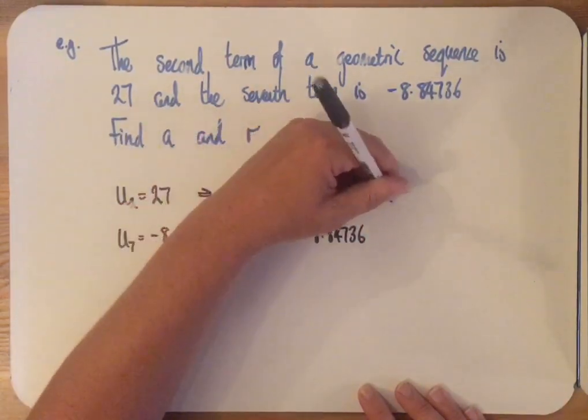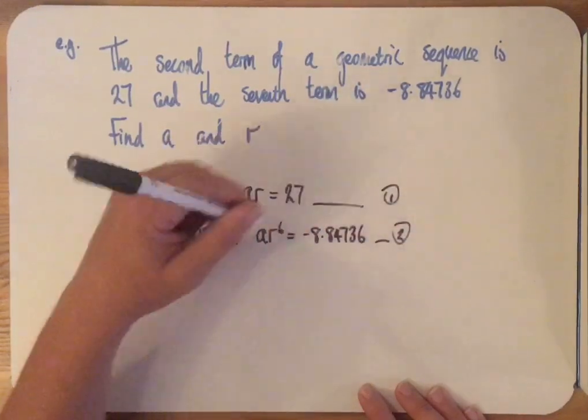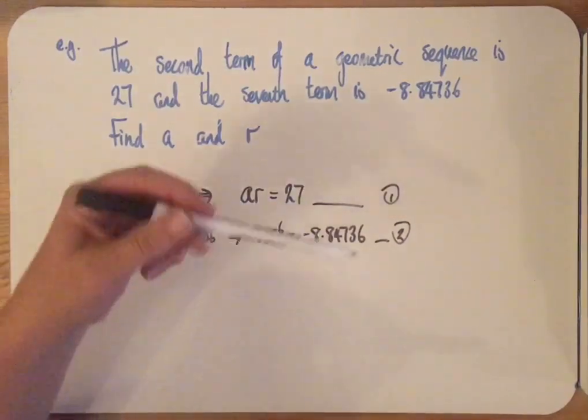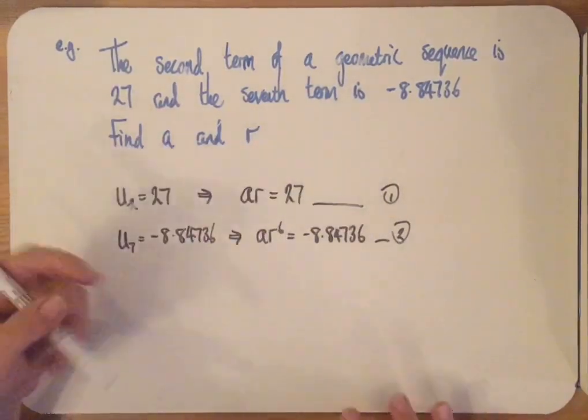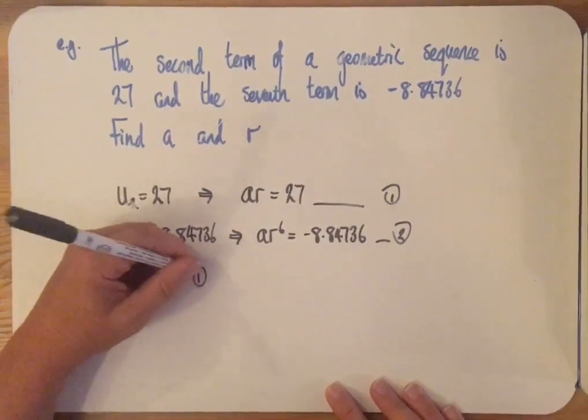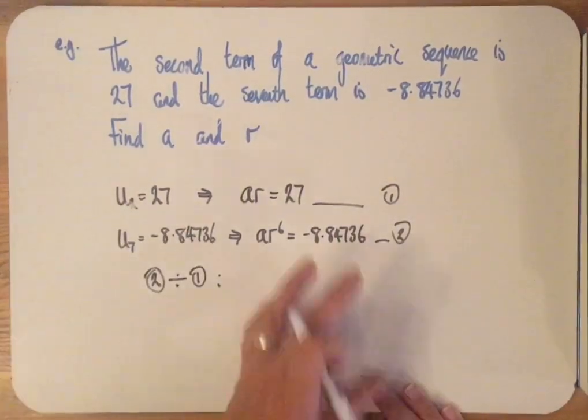So we have two simultaneous equations in a and r. The easiest way to do this is to do equation 2 divided by equation 1, or you can rearrange and substitute in, but that's the easiest way.